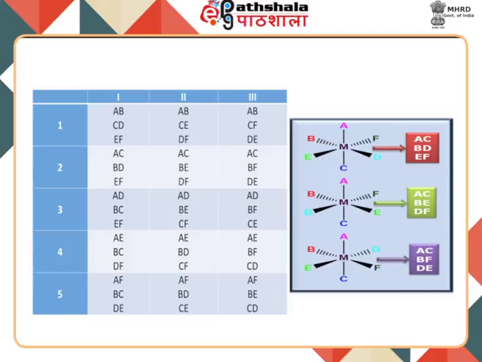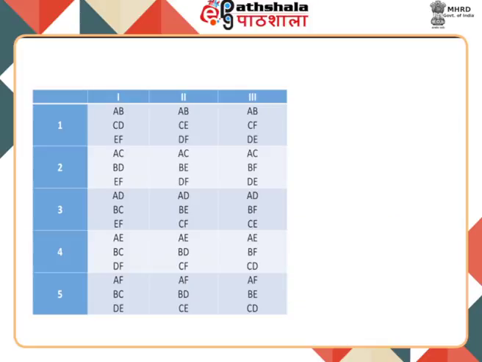If we continue the process of replacing the ligand trans to A and changing the position of other ligands, it will give the 3rd, 4th, and 5th rows of the table. There are 5 rows and 3 columns in this table. Thus, 15 stereoisomers are generated in this way.